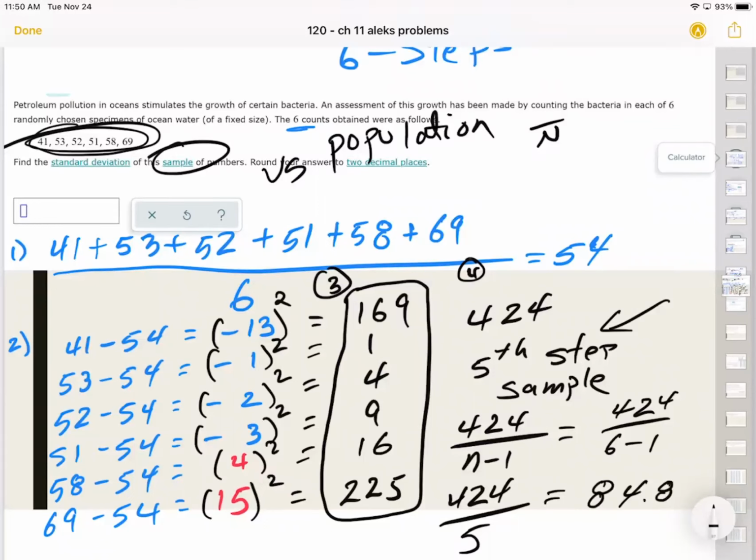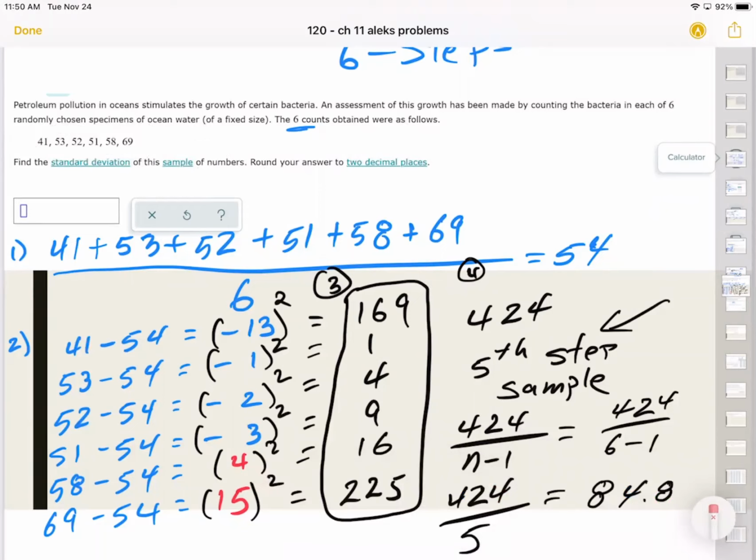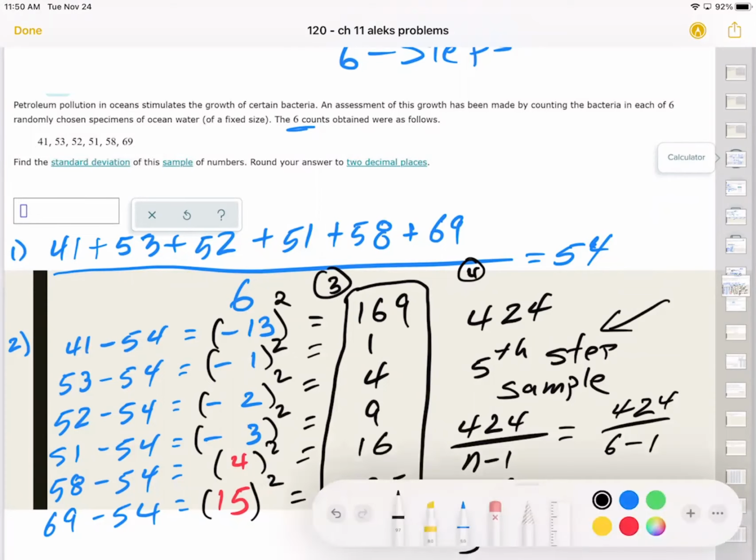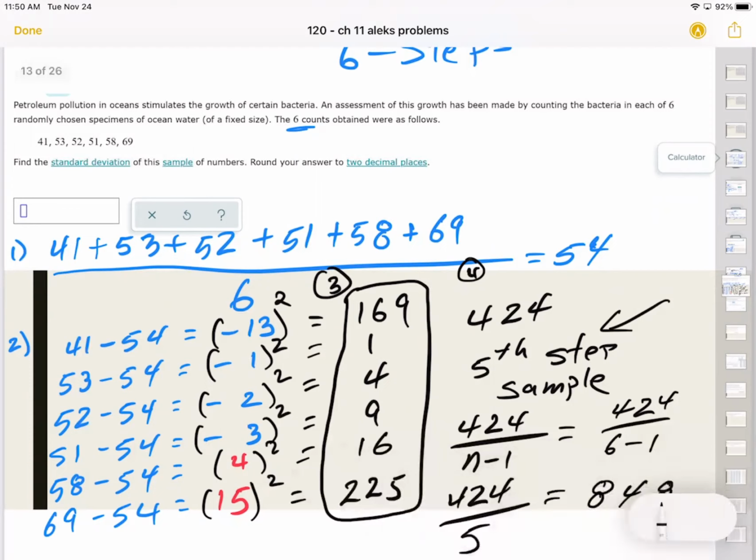This is the main difference, ladies and gentlemen. And this is why I put this problem here, to show you that if they ask you for the population at the 5th step, you divide by n. But if they ask you for a sample at the 5th step, you divide by n minus 1. That's the difference. And now the 6th step, all you do is take a square root of 84.8.